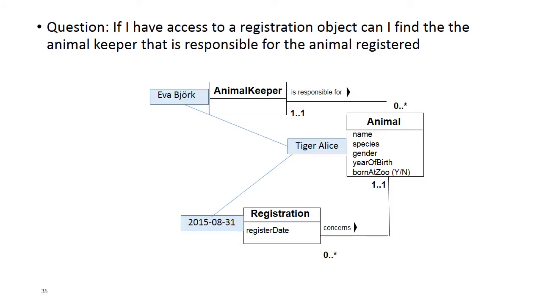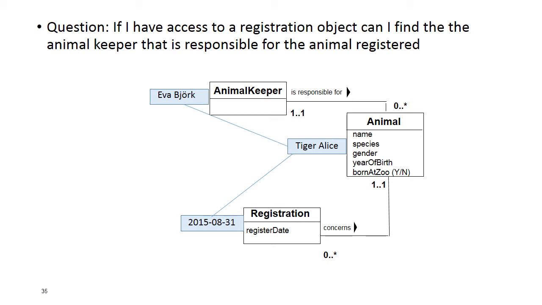Let's check. I now show just the part that is of interest in the diagram. We created a registration object, and the multiplicity between the registration and the animal class shows that every registration object needs to be linked to exactly one animal object. And in this case that's true. The registration object here is linked to the tiger Alice. Note now the relation between animal and animal keeper.